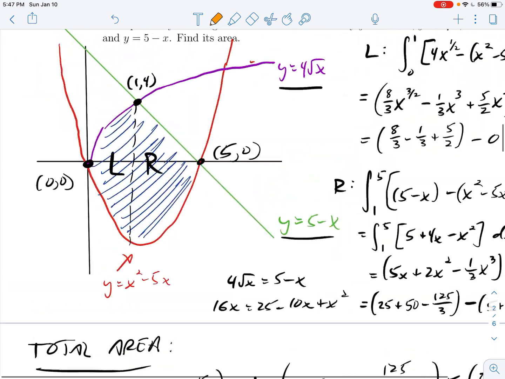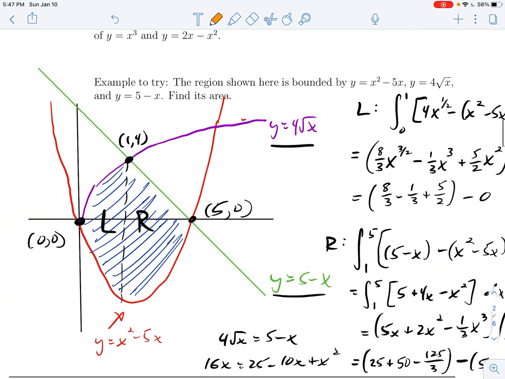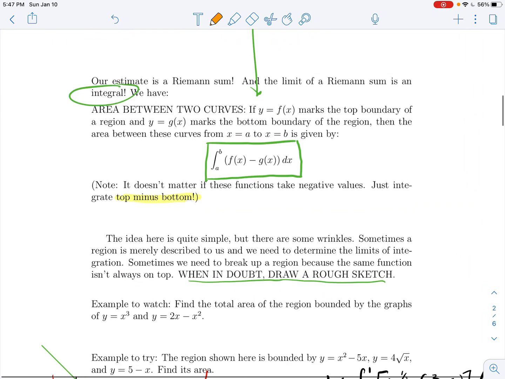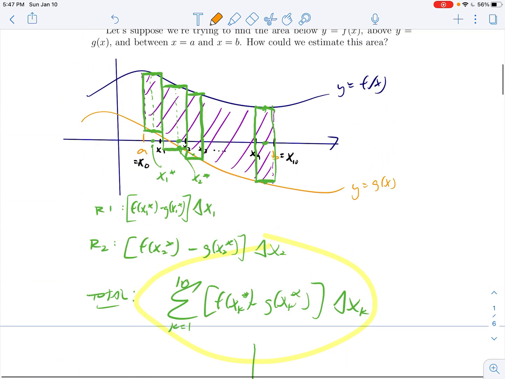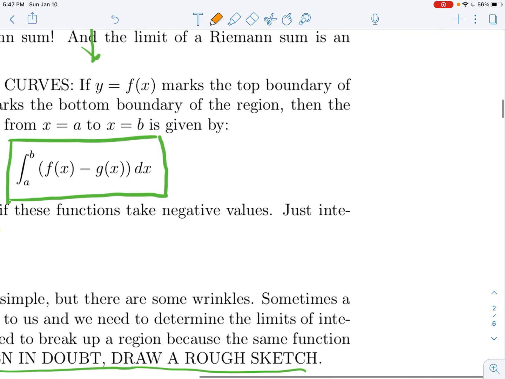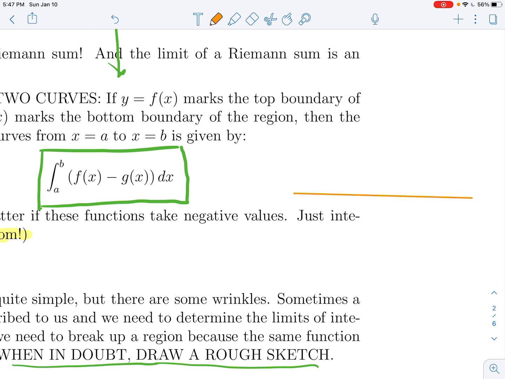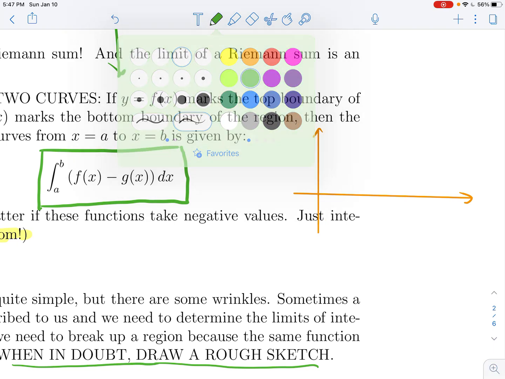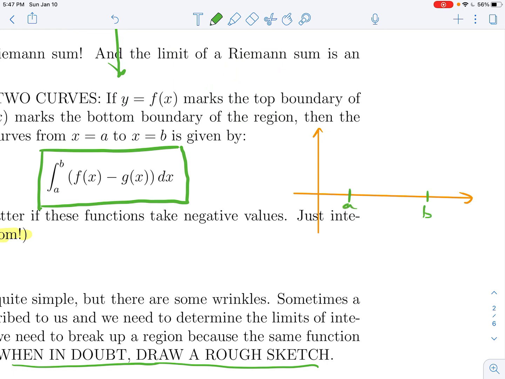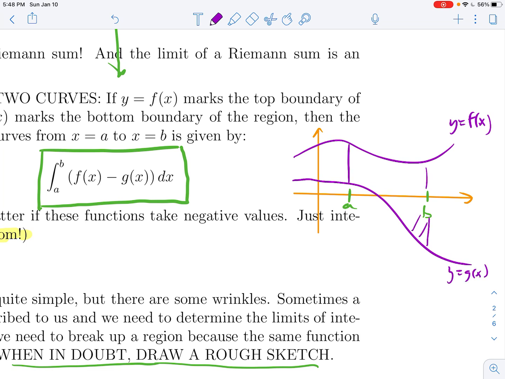What we thought of before, our basic setup, if we go all the way back, the generic picture is that if this is A and this is B, and I have some function that's the top, and some function that's the bottom, and I want to find this region, what do I do?